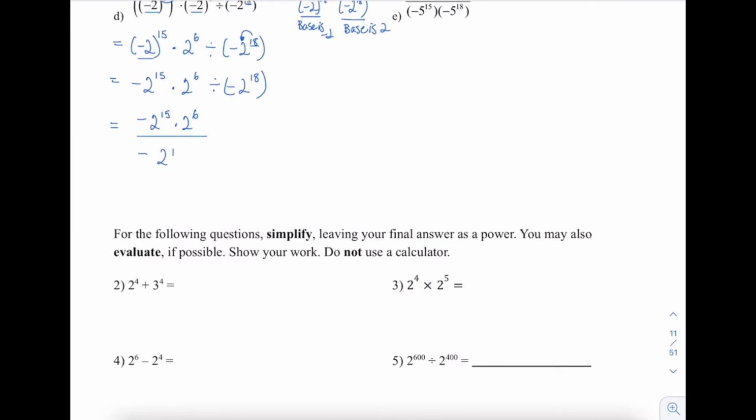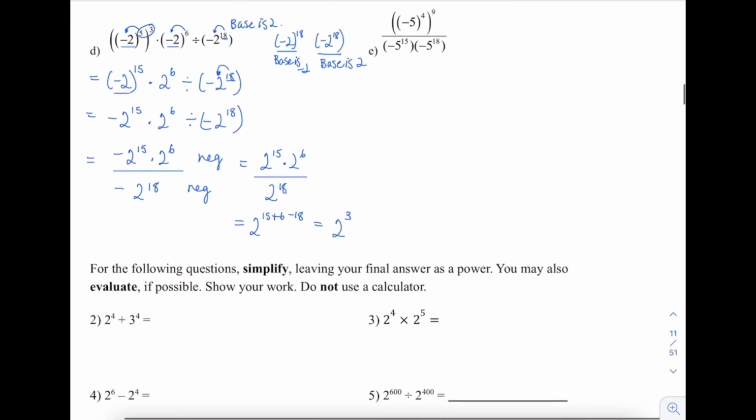And again, I can see I have a negative quantity over a negative quantity, and I can get rid of those negative values because I know my overall answer is going to be positive. So my final answer will be 15 plus 6 minus 18, and that's going to be 2 to the power of 3.